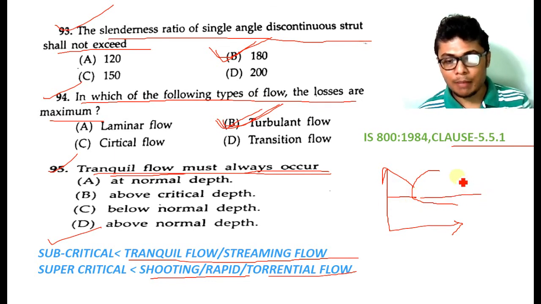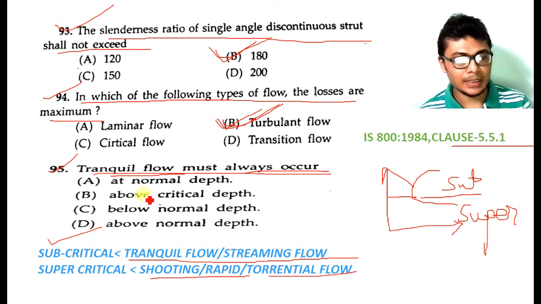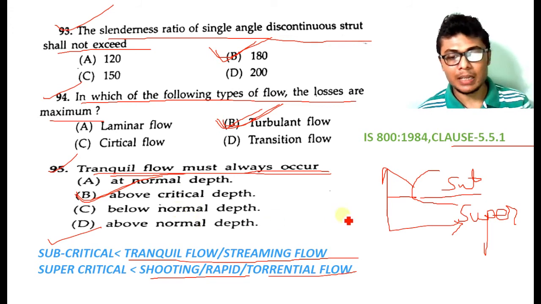Above the critical depth there is subcritical flow. Below the critical depth there is supercritical flow. So in this case the answer will be above critical depth, because tranquil flow is subcritical flow, and subcritical flow always occurs above the critical depth. Clear?